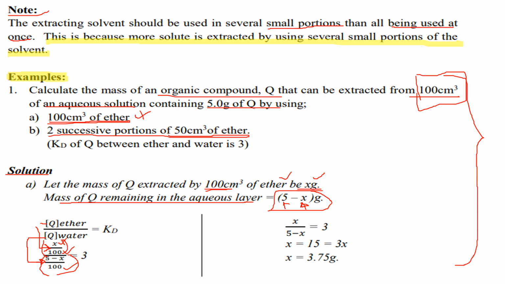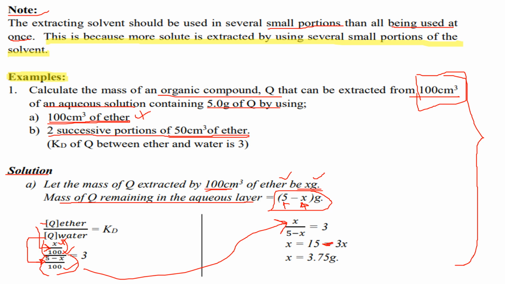I skipped that step, but if you're not good in math, you try to show all those steps, because in paper 1, if you skip steps, you are most likely to lose marks. So you find that after doing all that work, your side work, you come here. x divided by 5 minus x will be equal to 3.